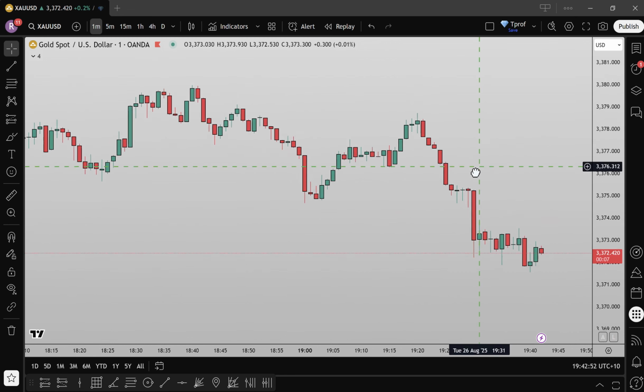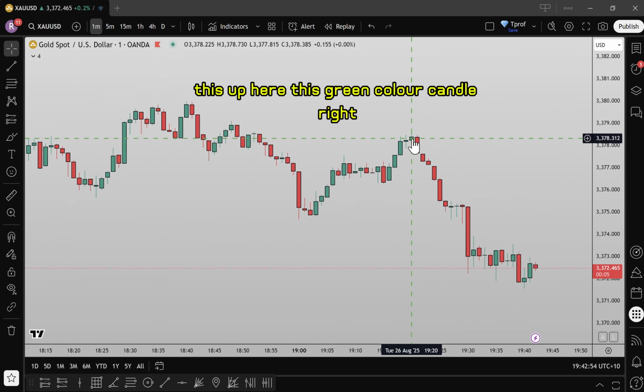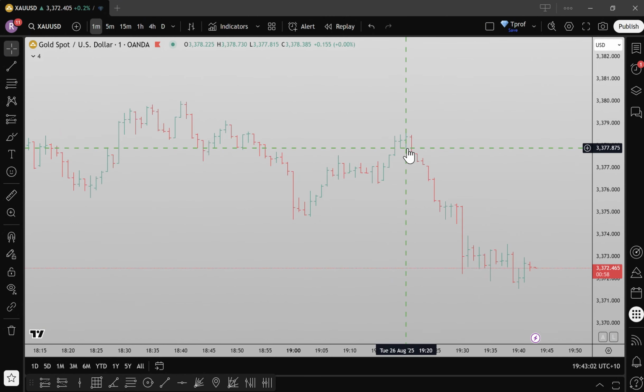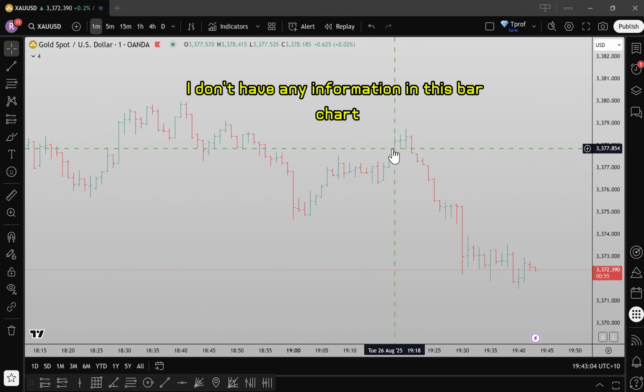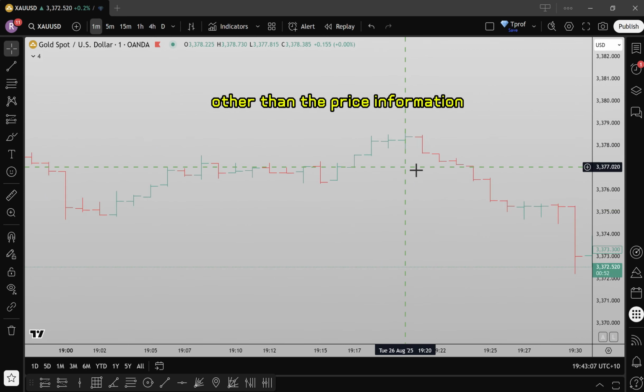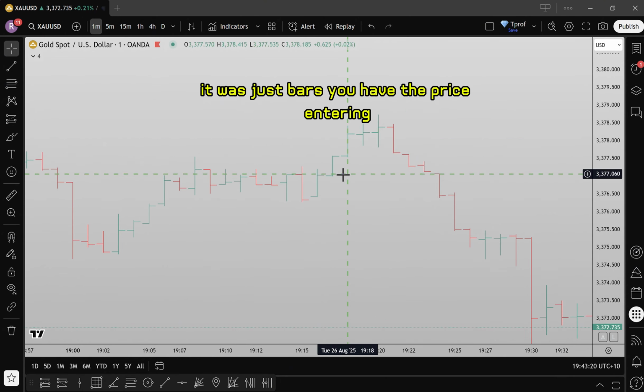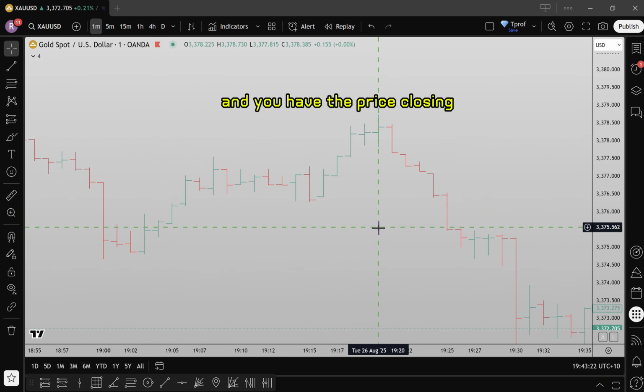For example, this green candle up here, right? If I take this bar chart, I don't have any information in it other than the price information. This is how it used to be back when charts were started, before everything got fancy. It was just bars. You have the price opening and you have the price closing.